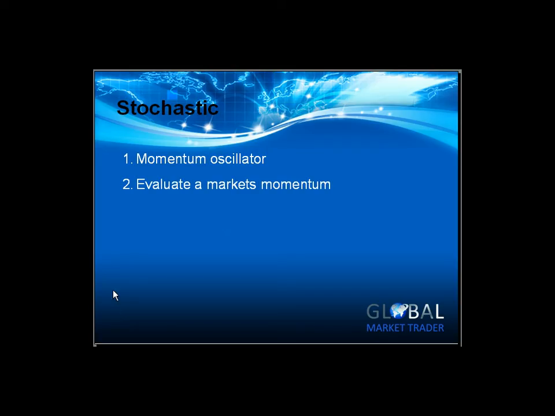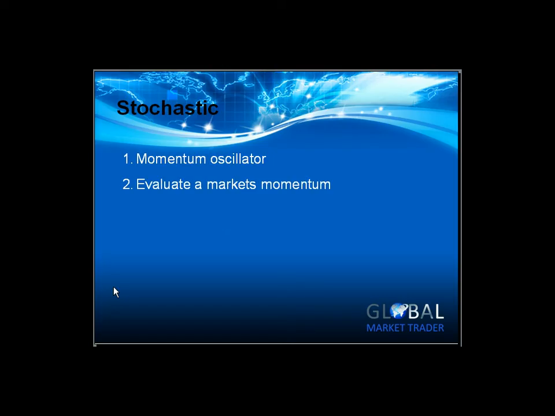So for example, typically a 14-day stochastic measures the location of closing prices within the total high-low range of the previous 14 days. This expresses a relationship between the close and the high-low range as a percentage between 0 and 100.